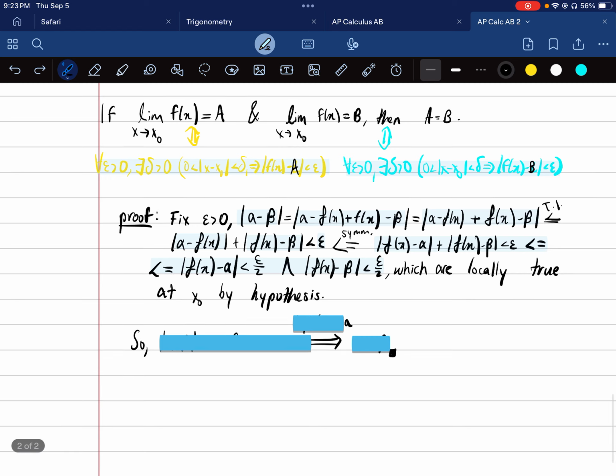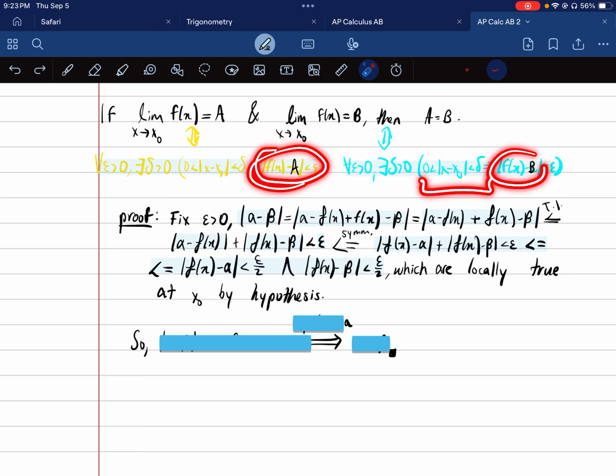And we know that both this and this are locally true at x naught by our hypothesis. Remember, by assuming that these two limits are true, we assume this premise and this premise, meaning that we can conclude this and this is true. In other words, this is true, we don't have to go any further.